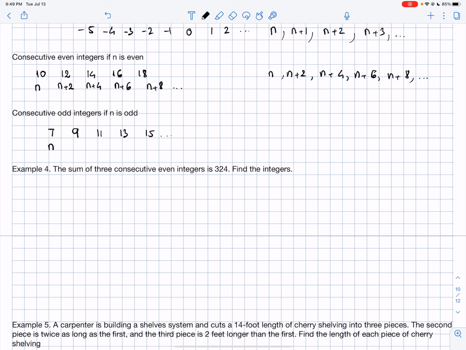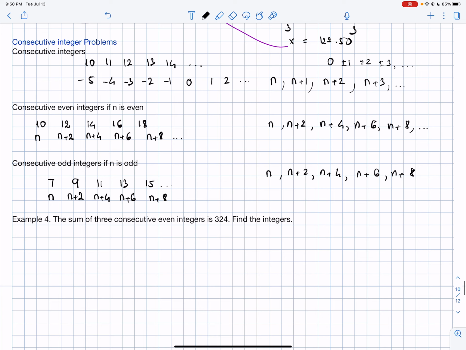So if we consider the first integer in the group is n, which is 7, then 7 plus 2 will be 9, 7 plus 4 will be 11, 7 plus 6 will be 13, and 7 plus 8 will be 15. So n plus 2, n plus 4, n plus 6, n plus 8.